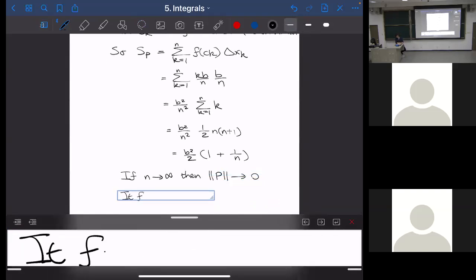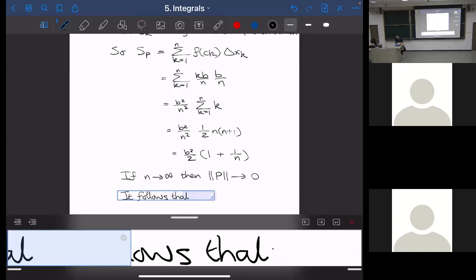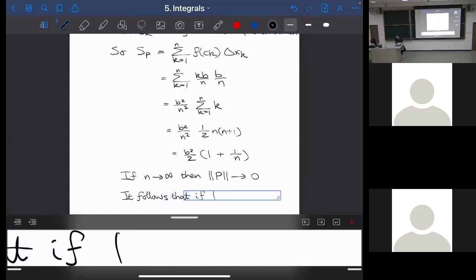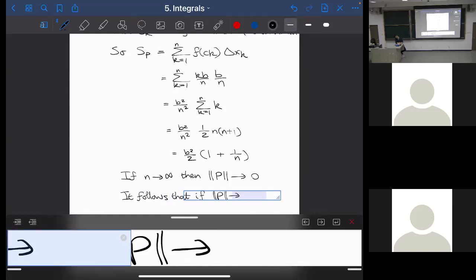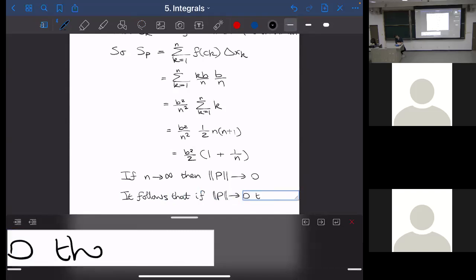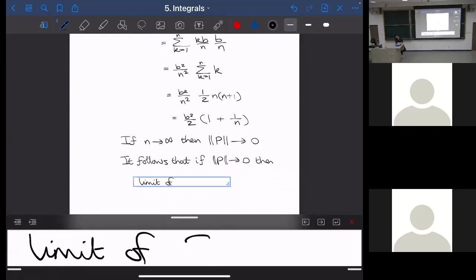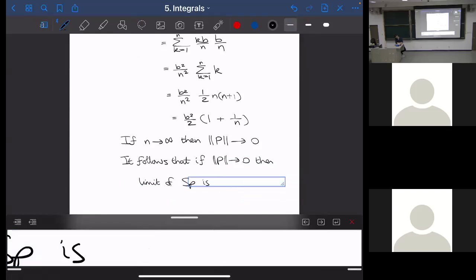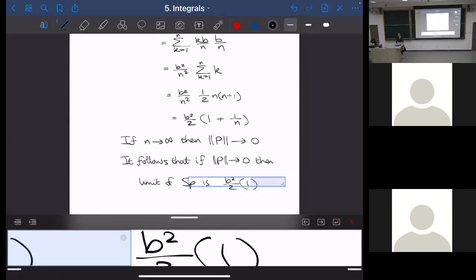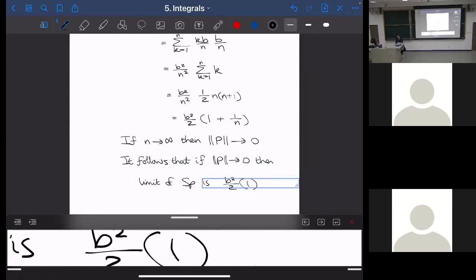And it follows that if p goes to 0, then the limit of S_P is b squared over 2 times 1. See, the n is going to infinity, so b squared over 2.